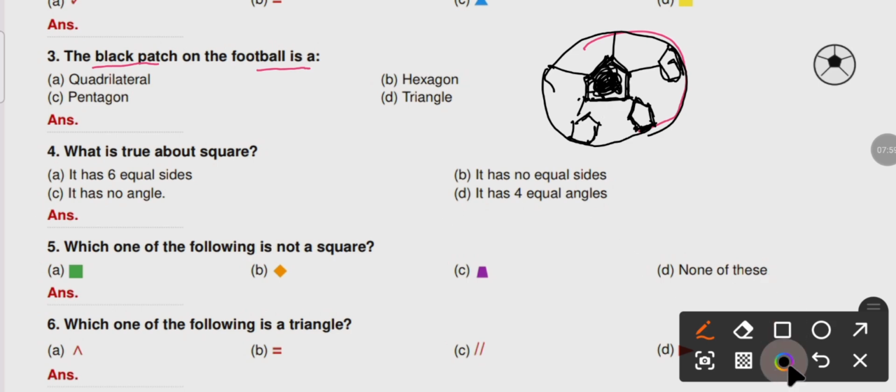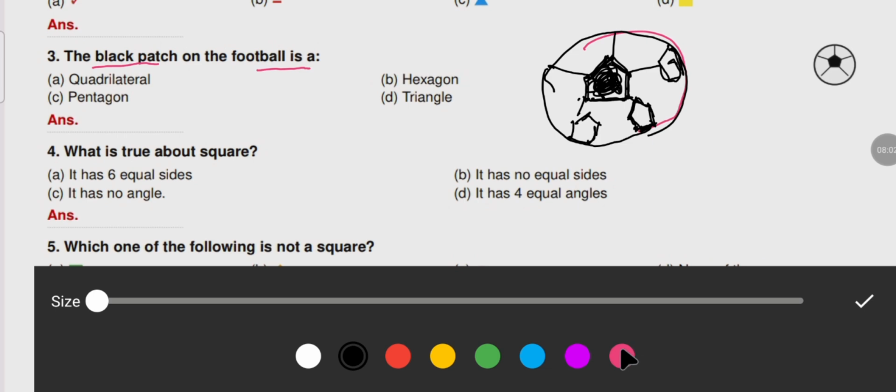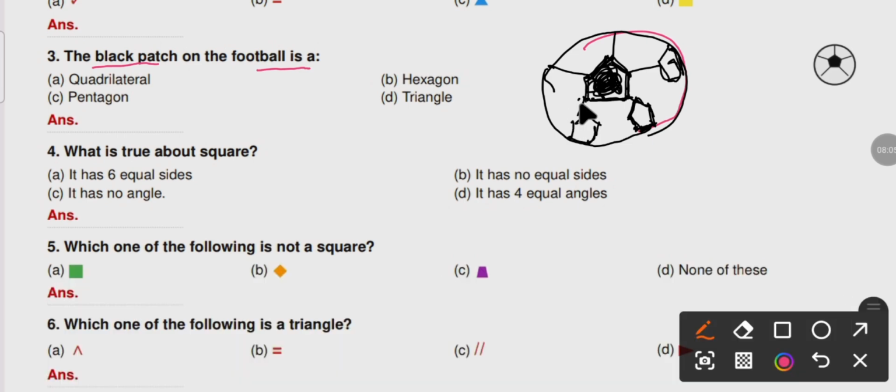Okay, so if we look at the black, this is a black patch, this is also black. If we look at the black patches on this football, they are closed shapes. Okay, with how many sides? Let me draw here clearly.